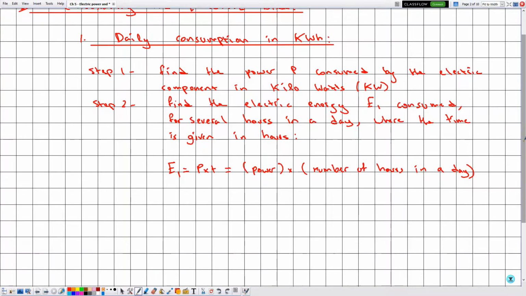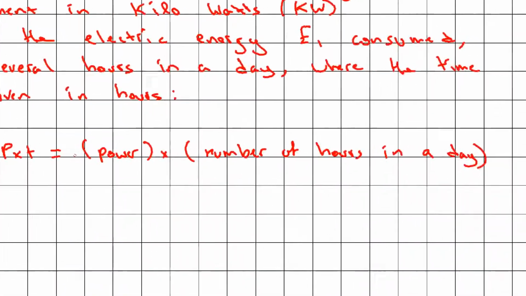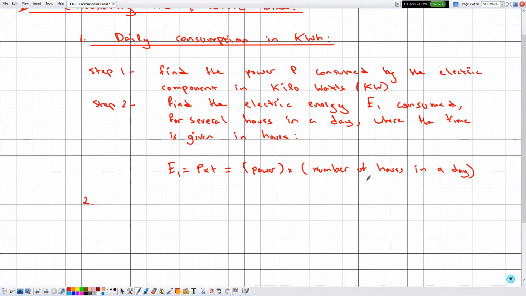Now idea number 2, which is the monthly consumption. E1 represents the electric energy consumed per 1 day functioning for a certain amount of hours. Now if you are interested in determining the monthly consumption, we simply multiply by the number of days in which we are using this electric appliance.